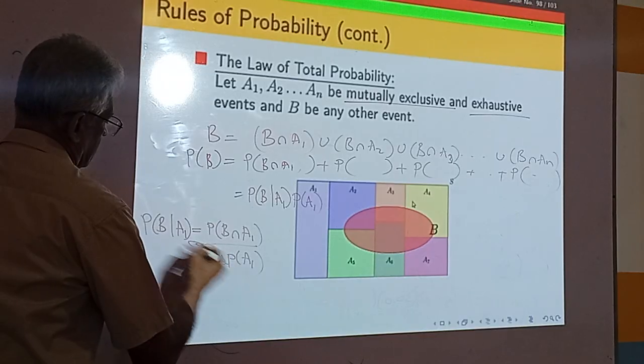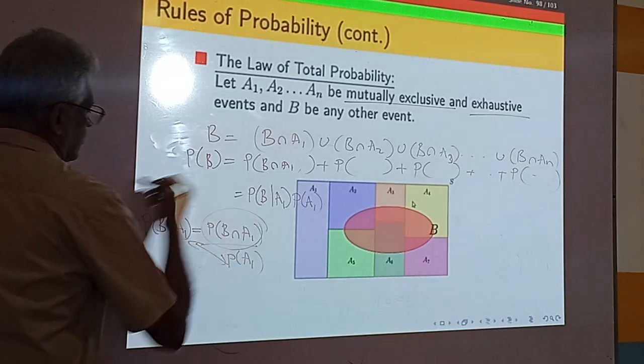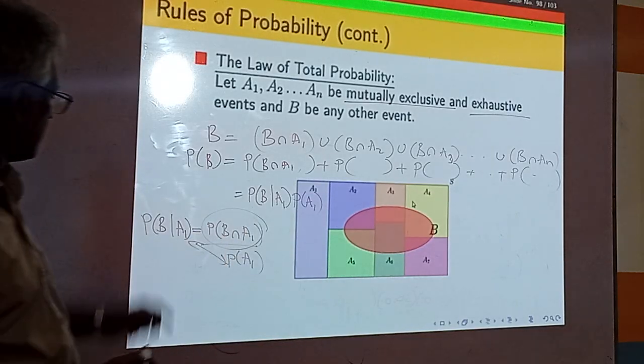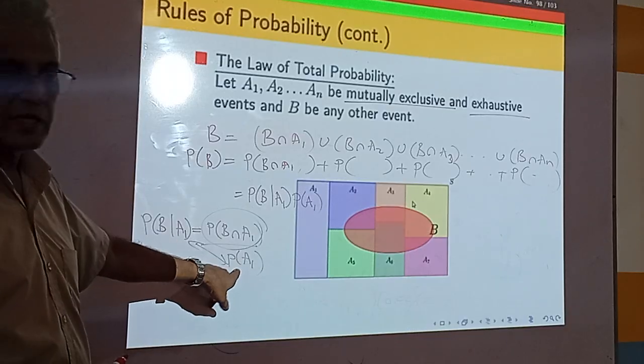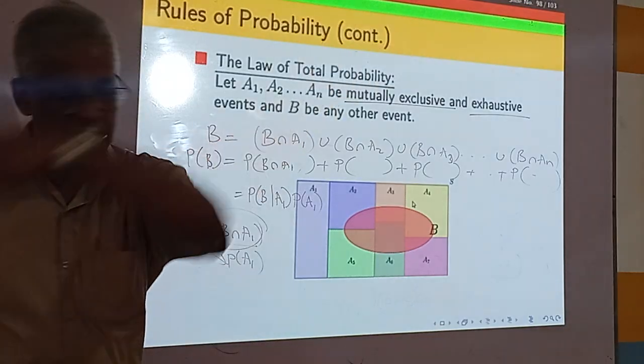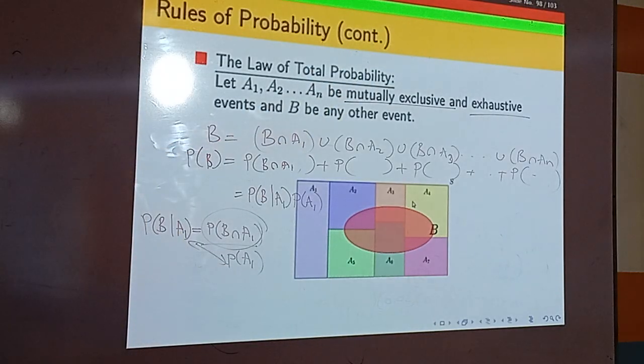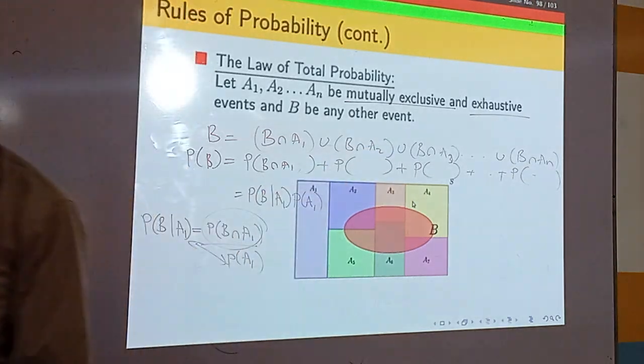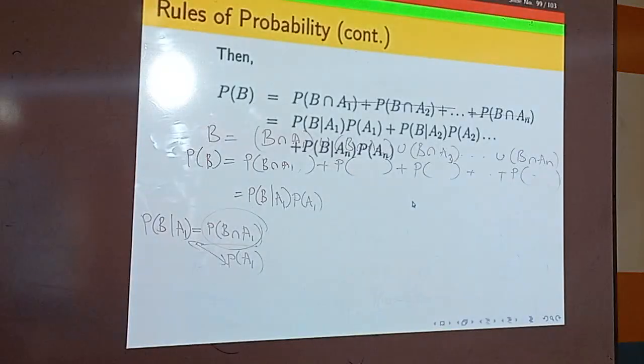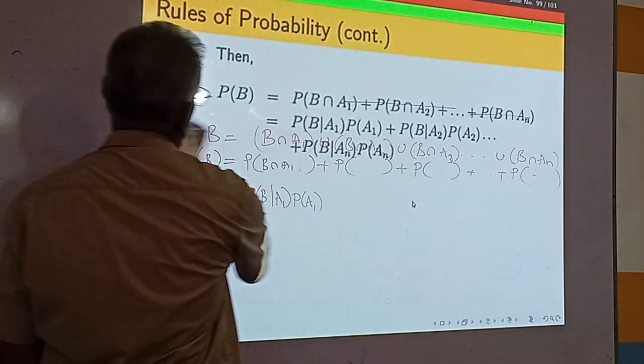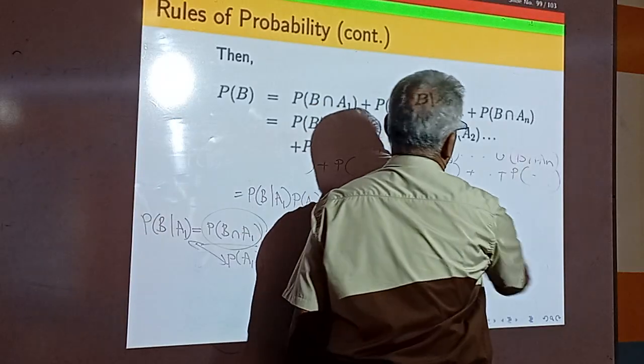So when you take the cross product, you get probability of B intersection A1 is equal to conditional probability times this one. Right? So similarly, you can write down all the intersection probabilities in terms of conditional probabilities to get this. That's what the total probability law is.